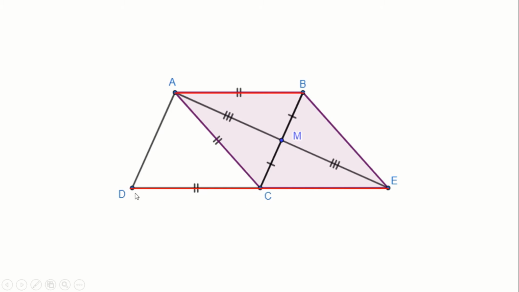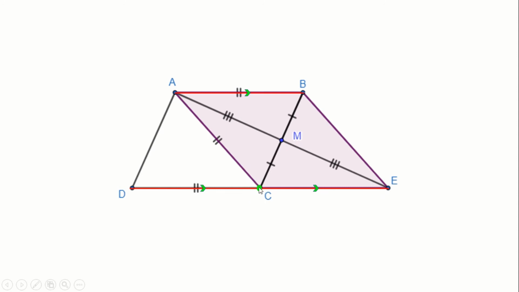How can we get it as midpoint? We should not only prove that DC is equal to CE, but also we need to prove that D, C, and E are collinear on the same straight line. Now how to prove them? Note that we have CE and AB are parallel to each other as opposite sides of the rhombus. Also, we have CD and AB are parallel to each other as opposite sides of the parallelogram. So we can say that DC and CE are both parallel to the same straight line.